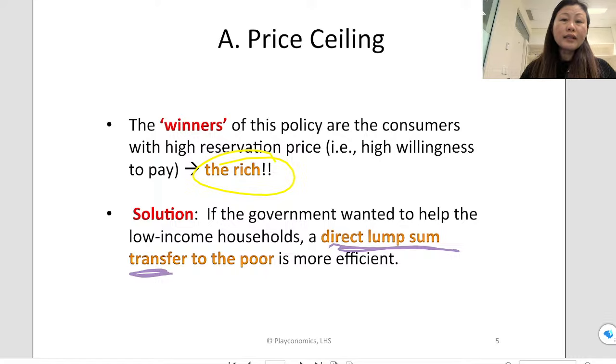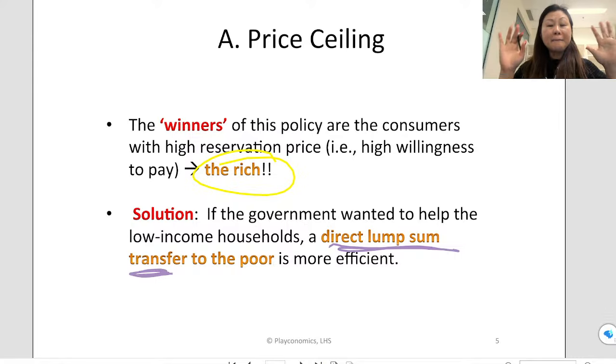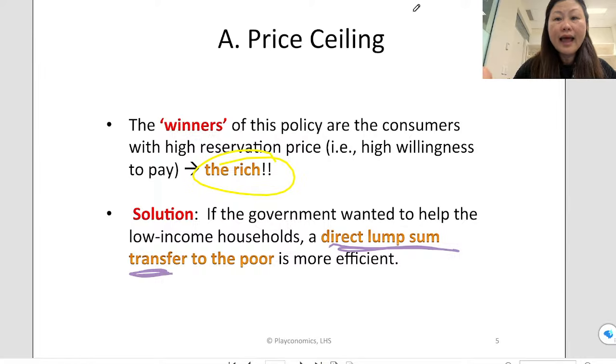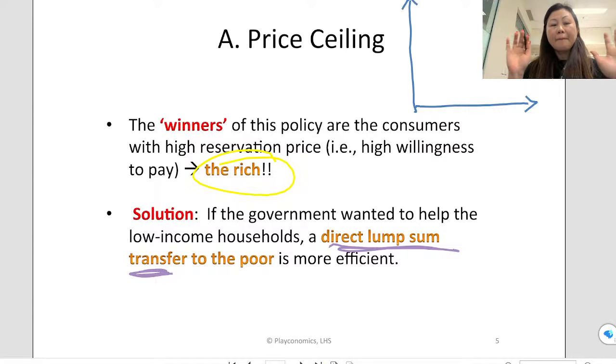What the economists are trying to say is, leave the market alone. Let the market operate at a Pareto efficient level where your demand equals your supply.